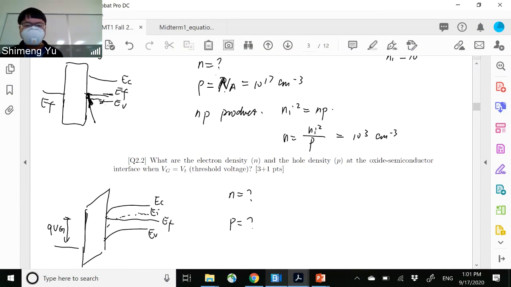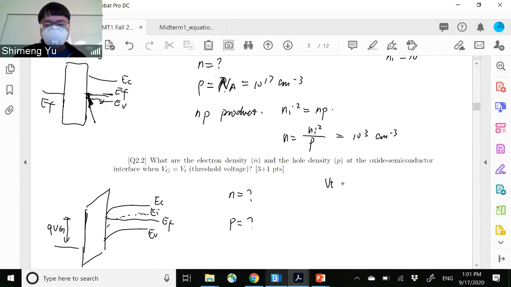First, you want to recall the definition of the threshold voltage. The way we define the threshold voltage, first we say this is a strong inversion. And there are two definitions of the threshold voltage.